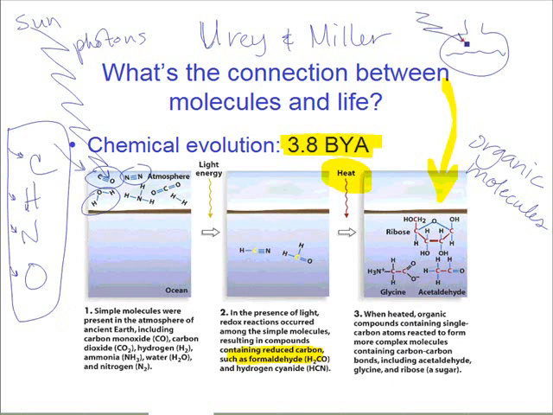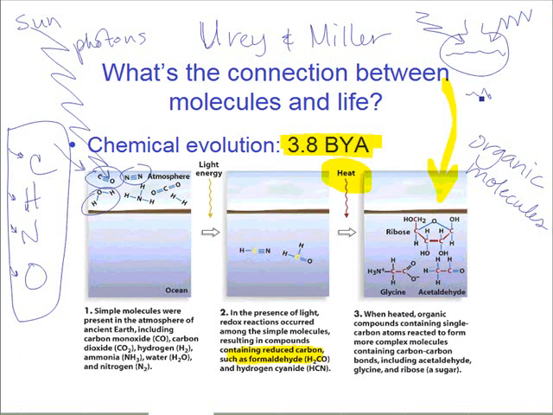And then they passed electricity through that flask to represent things like lightning, and they passed photons of light from sunlight into that flask. They heated it up as well.